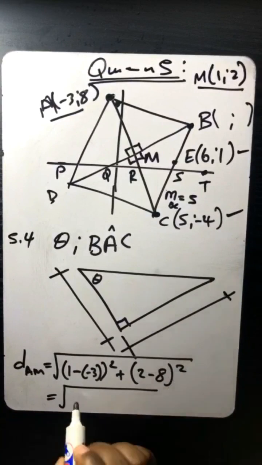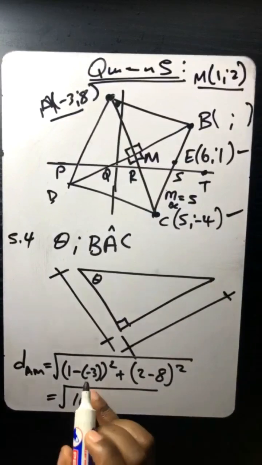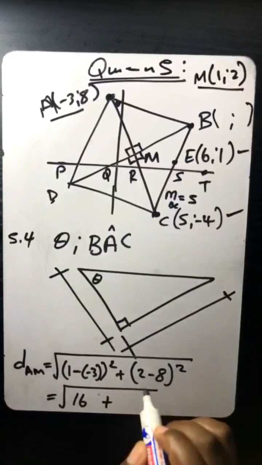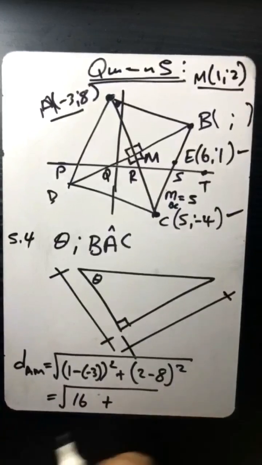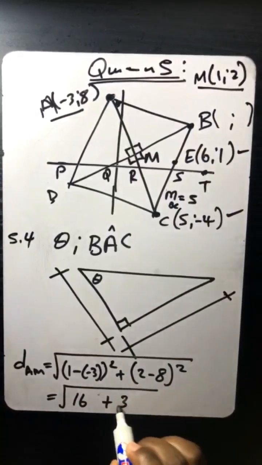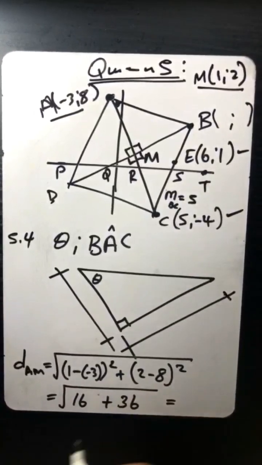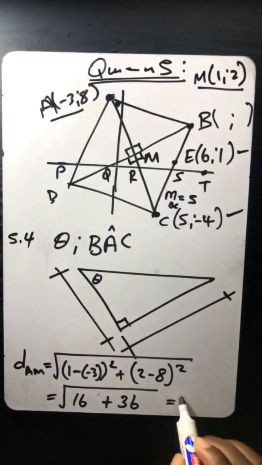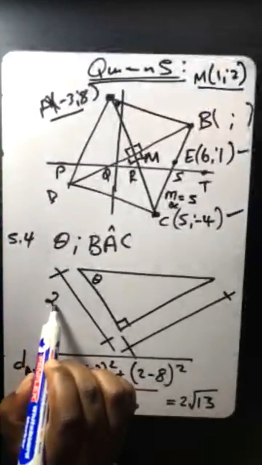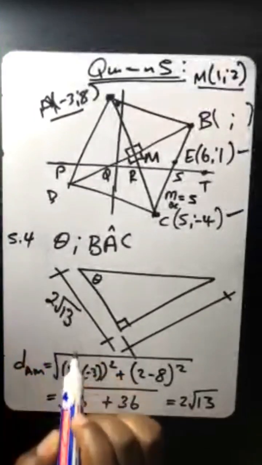So what answer are we getting there? Is it 32? 36, sir. Oh, yes, 36. Then the square root of 16 plus 36 is 2 root 13. So here we have 2 root 13.